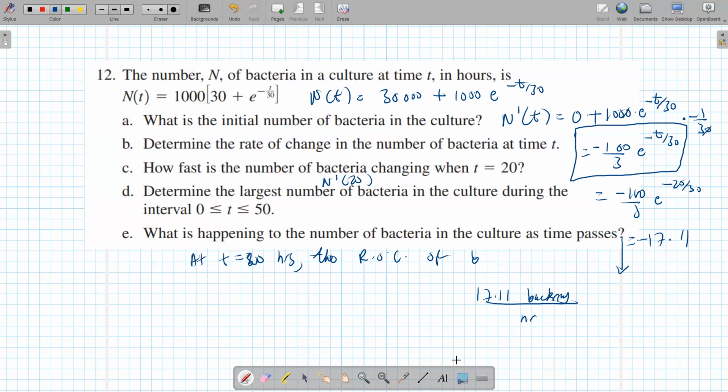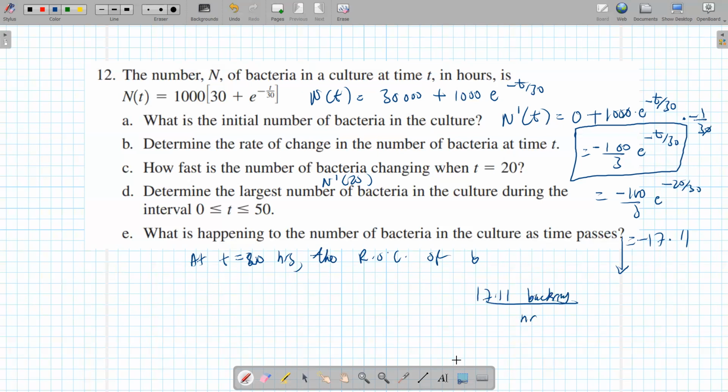Determine the largest number of bacteria in the culture during the interval 0 to 50. It's a trick question. I'm telling you right now, for D, you don't even need to do anything. The answer is in front of us.